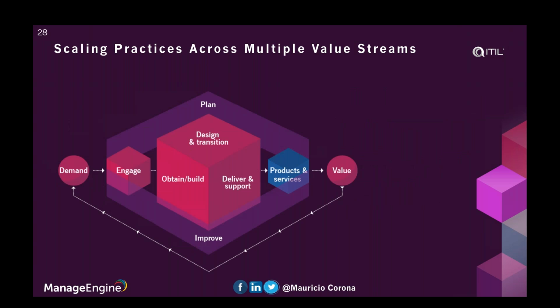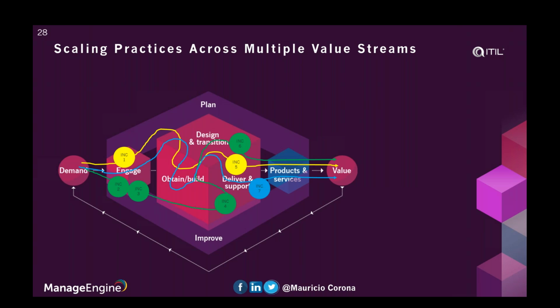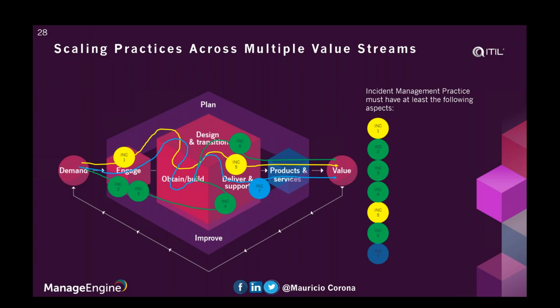So it's really interesting how you can scale the practices across multiple value streams. We can actually execute 3 value streams, for example, in order to provide single support on incident management. So maybe there are going to be 3 main interactions, and what we are trying to address is, of course, the minimum viable incident management.